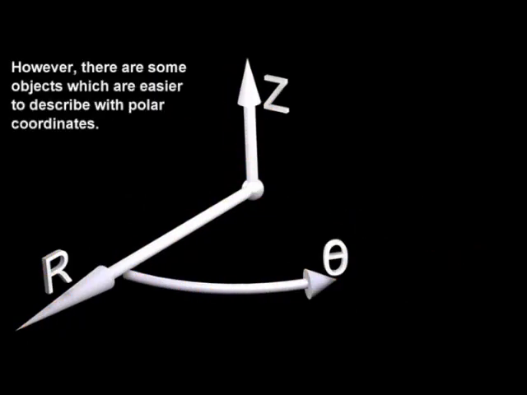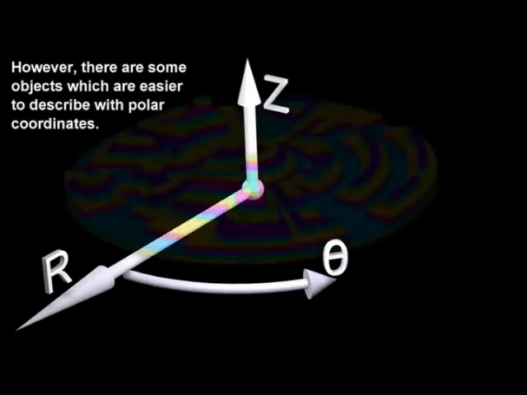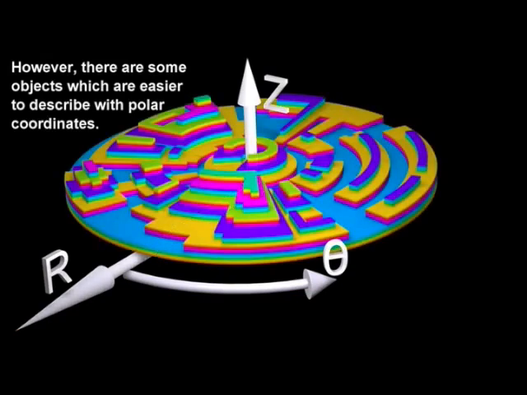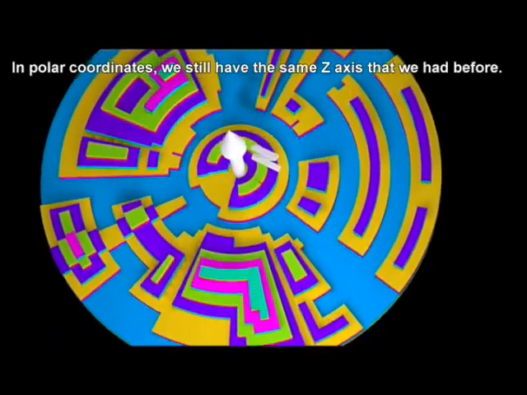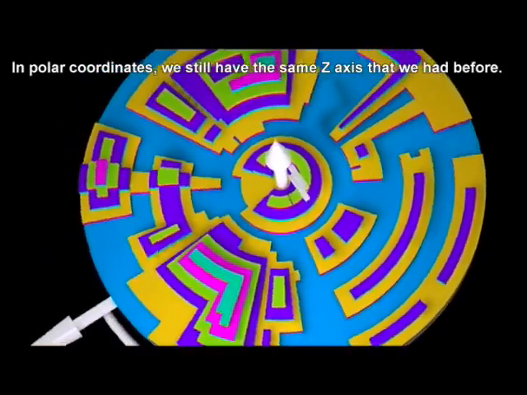However, there are some objects which are easier to describe with polar coordinates. In polar coordinates, we still have the same z-axis that we had before.